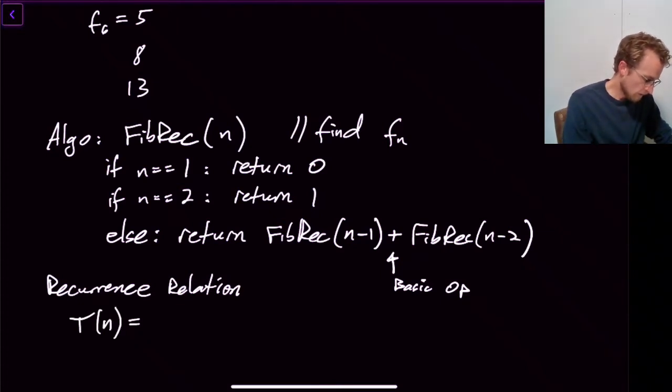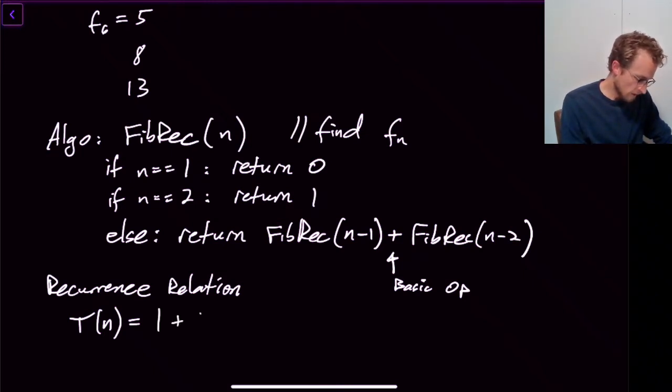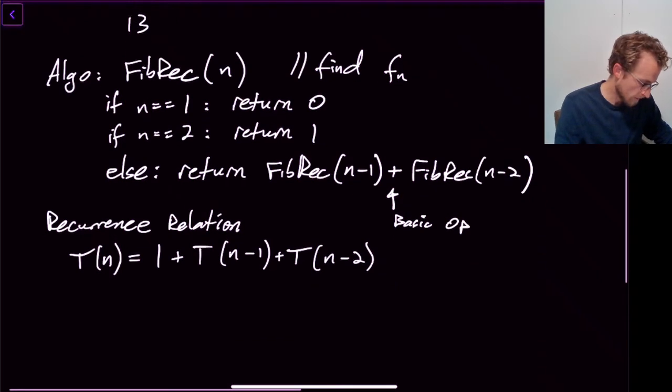As long as n is not 1 or 2, to compute the nth Fibonacci number, there's just one addition in the pseudocode that I've written here. So there's a 1. And then we do however many additions we need to compute the n minus 1th Fibonacci number, and then however many additions we need to compute the n minus 2th Fibonacci number. Okay, so there's our recurrence relation.